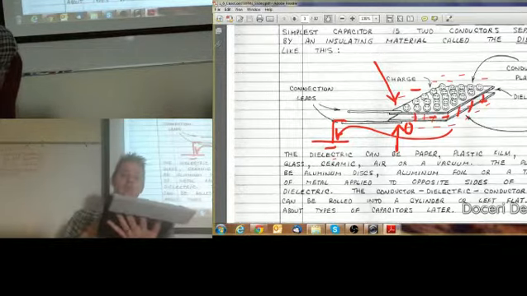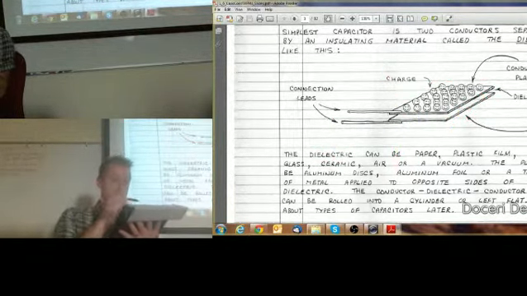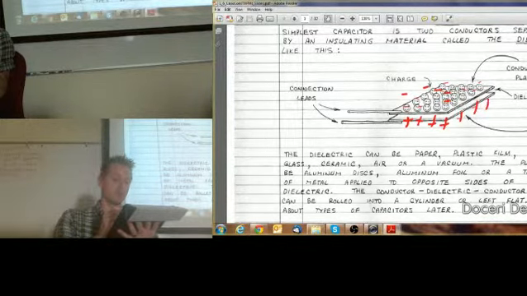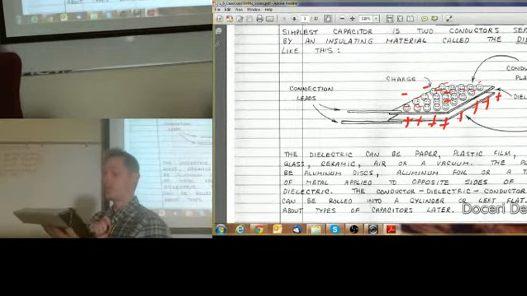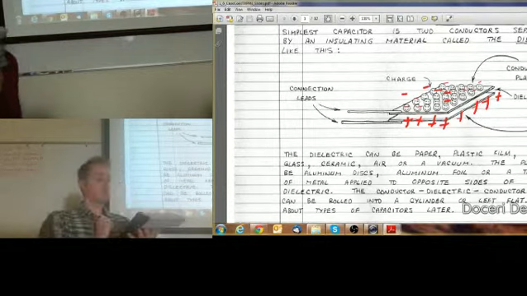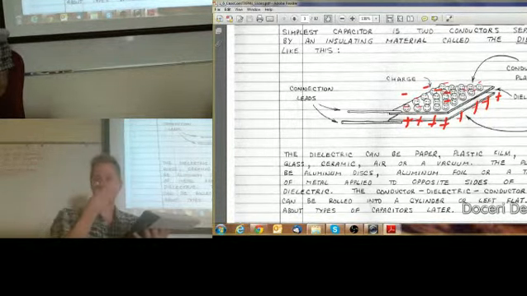So you're going to wind up with negative charges on top, with all these electrons, and positive charges on the bottom plate. What is that going to represent? It's going to represent a voltage.